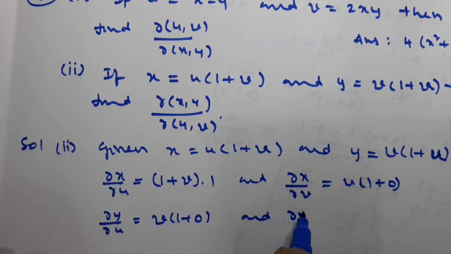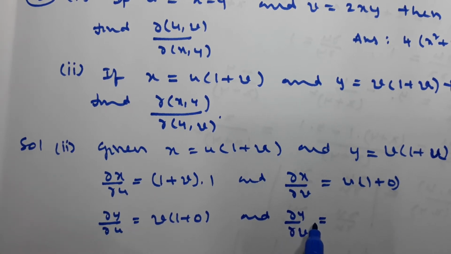And dou y by dou v is equal to v into, that is 1 plus u into v differentiation is 1, so 1 plus u.